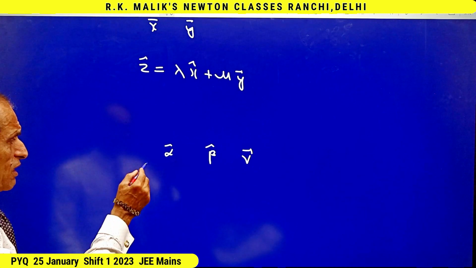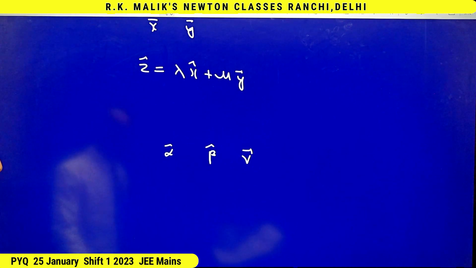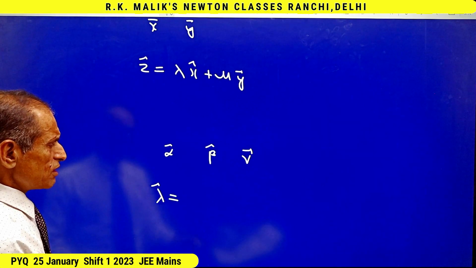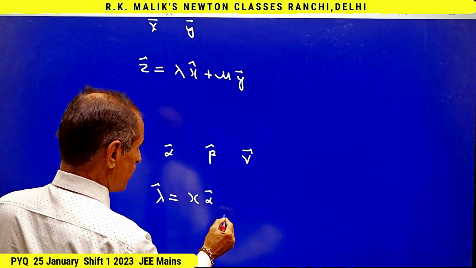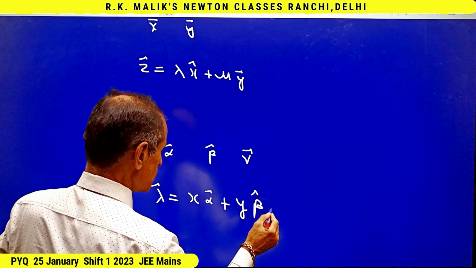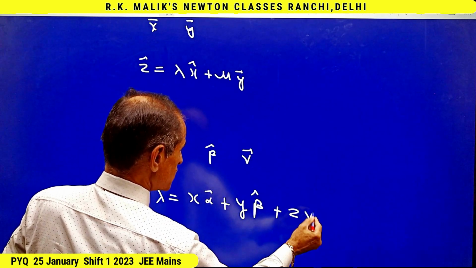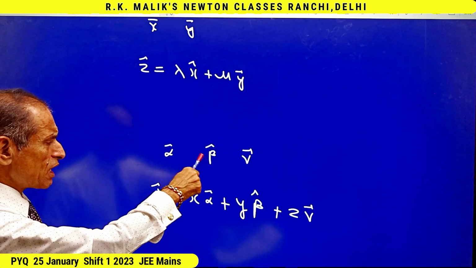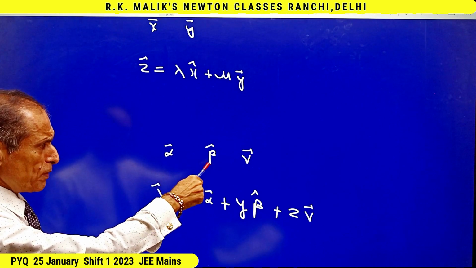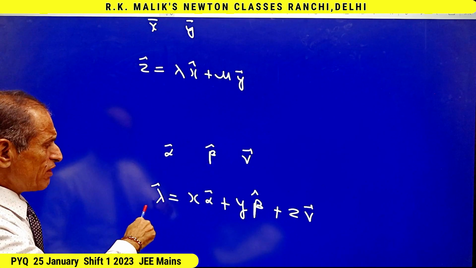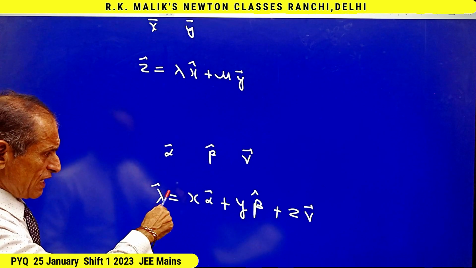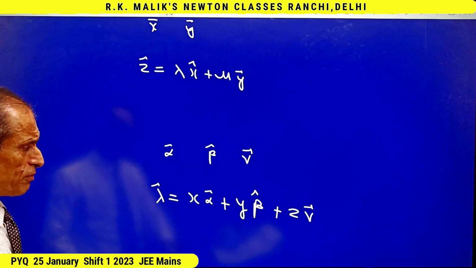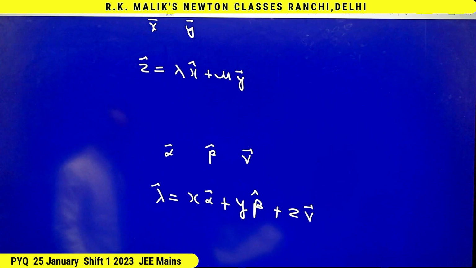And now the concept is, if alpha, beta, gamma are three non-coplanar vectors, any vector lambda can be written as x alpha plus y beta plus z gamma, where x, y, z are scalars. Again I am telling you, if alpha, beta, gamma are three non-coplanar vectors, then any vector of three-dimensional space can be written as a linear sum of alpha, beta and gamma, that is in this form, where x, y and z are scalars.